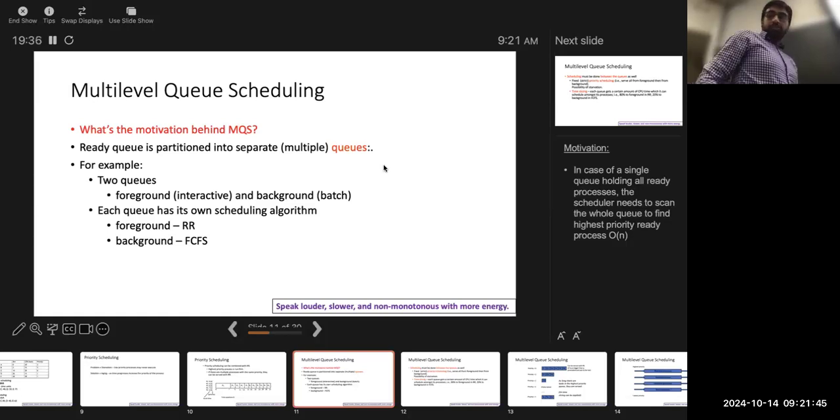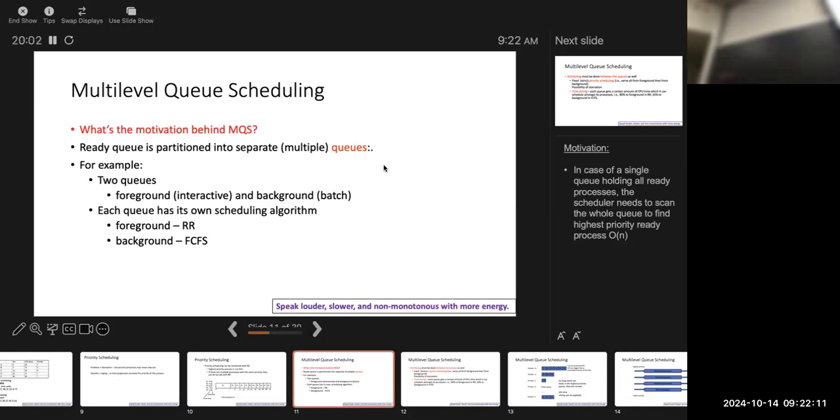Not only that, now let's say we have multiple queues, one for priority level 0, another for priority level 1. Remember what we said, that we can use the round robin algorithm to break the tie between two processes belonging to the same priority level. But you don't always have to use round robin.